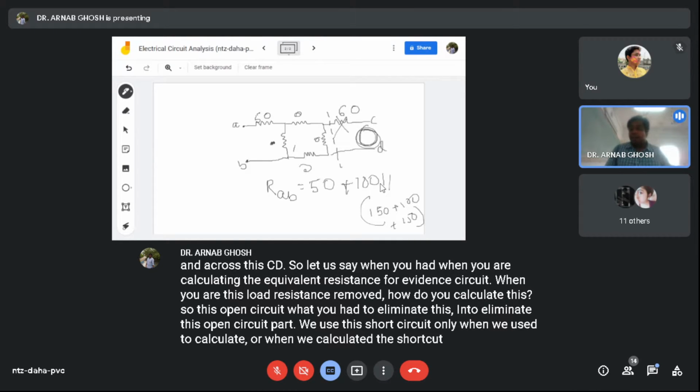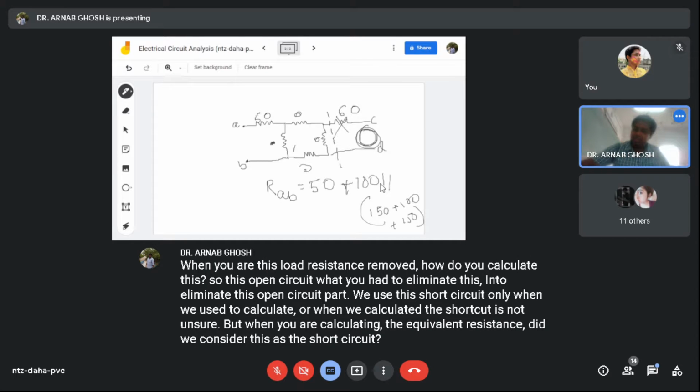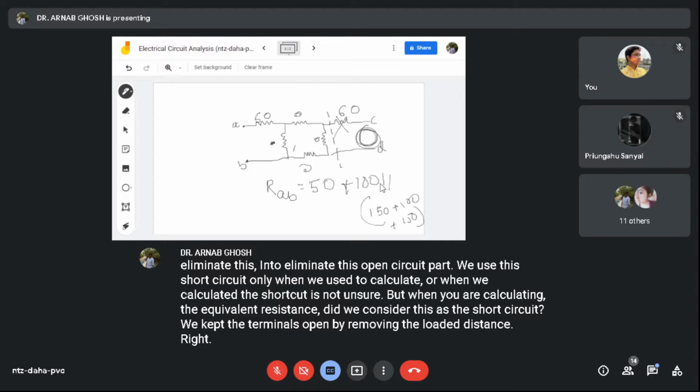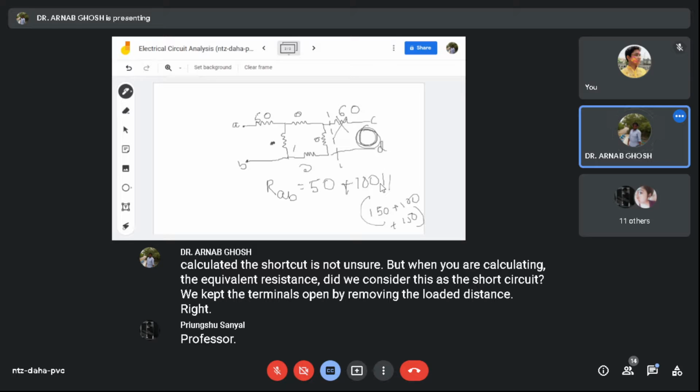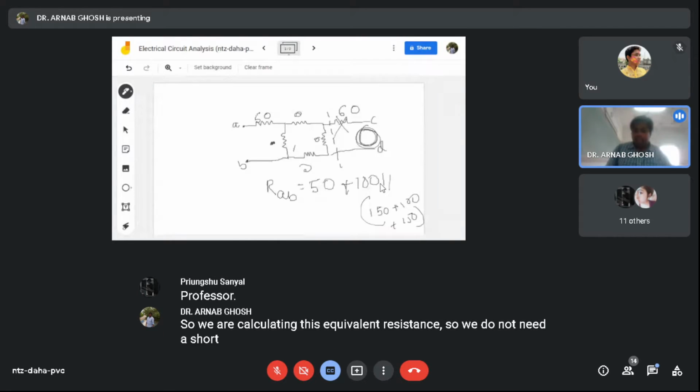But when we were calculating the equivalent resistance, did we consider this as the short circuit? The terminals are open by removing the load resistance. Right? Yes, sir. So we do not need to short circuit this. If we were finding the short circuit current, then we would have short circuited this one.